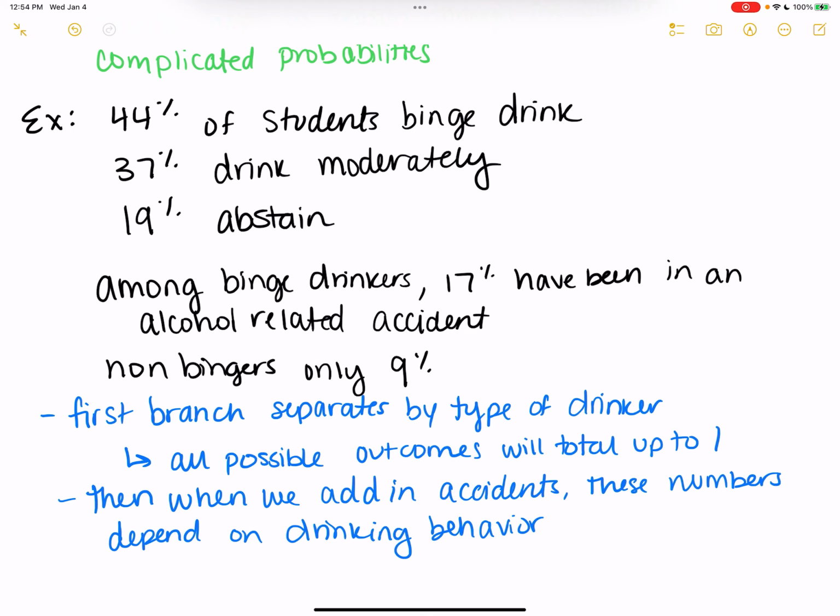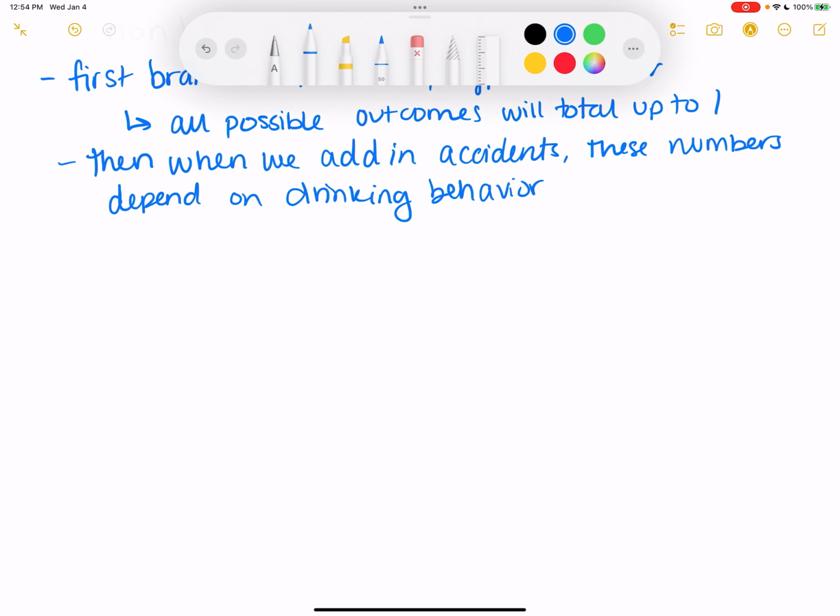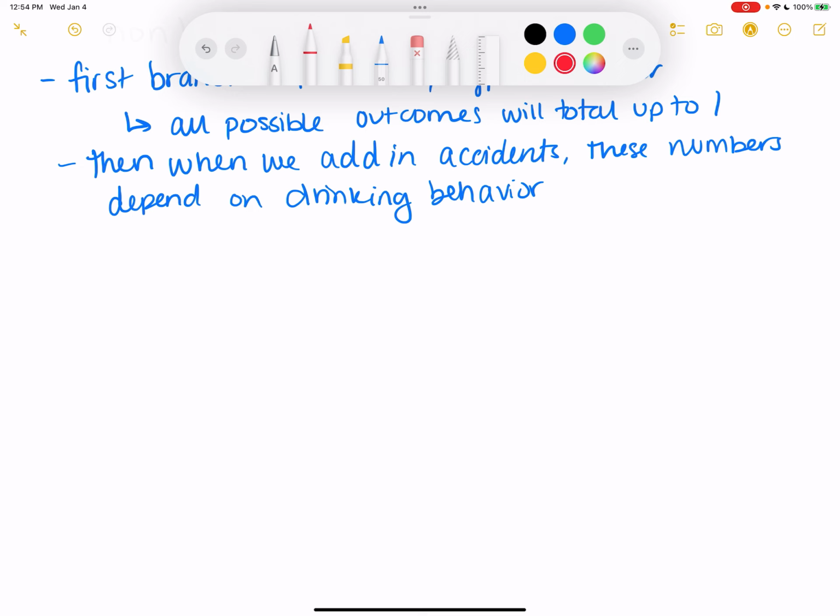All right, so then we're going to draw a big diagram. Basically, it's going to look like this.